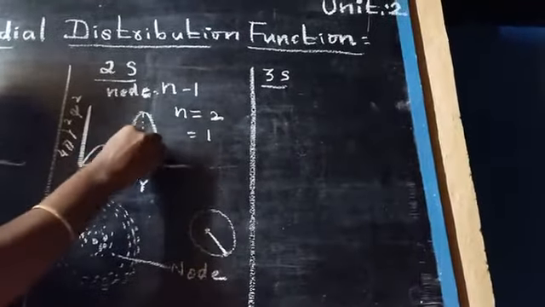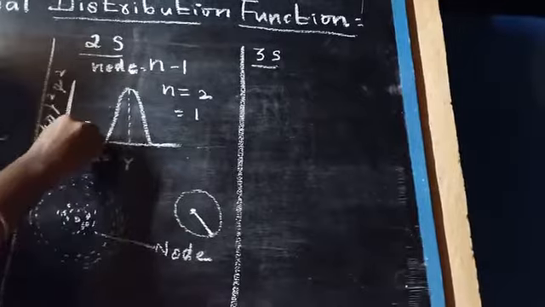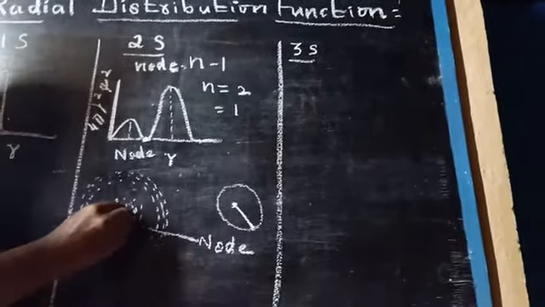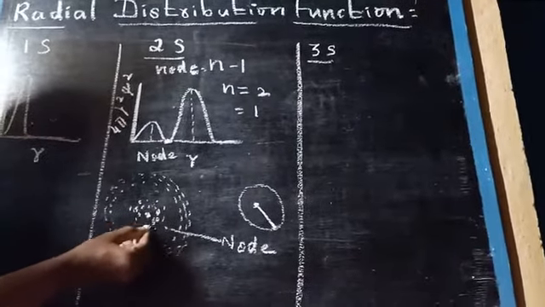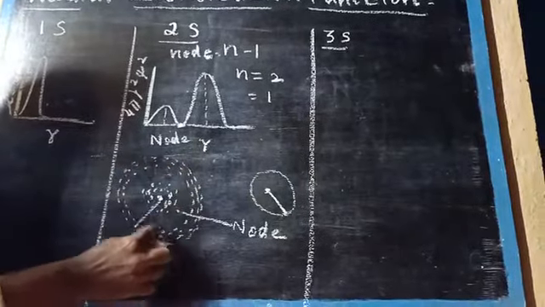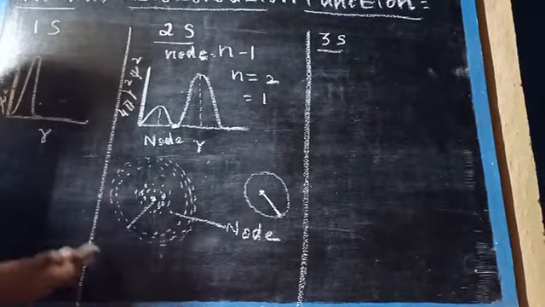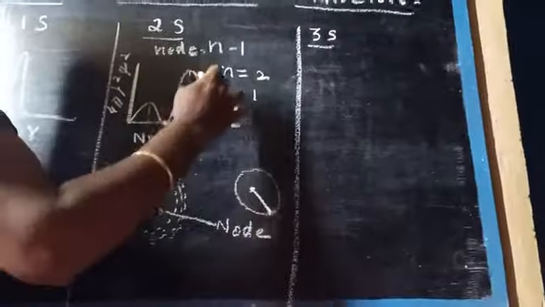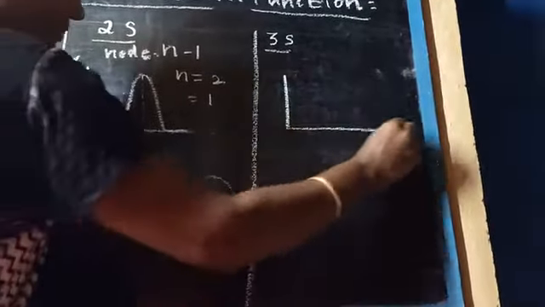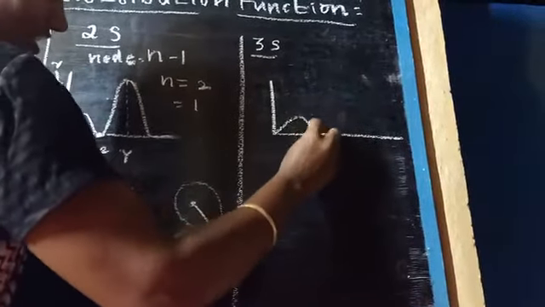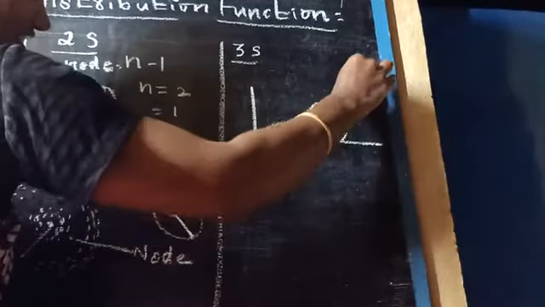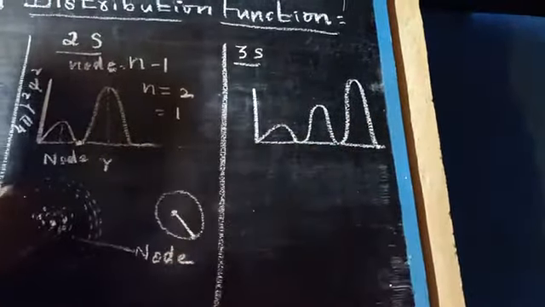Now see the 3s orbital from the graphical representation. This is also the distance from the nucleus, and the distance increases. With the center as the nucleus, first the 1s is closer, next the 2s, then the 3s.